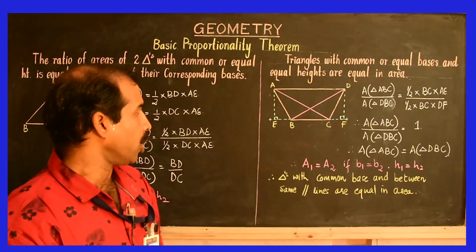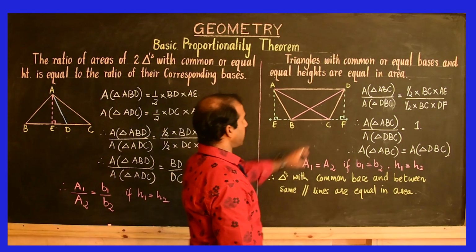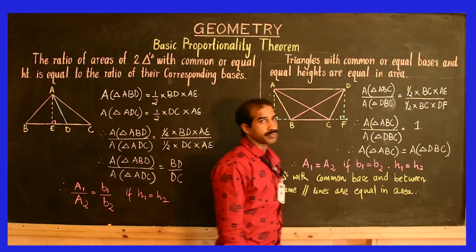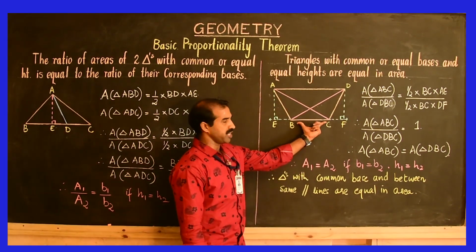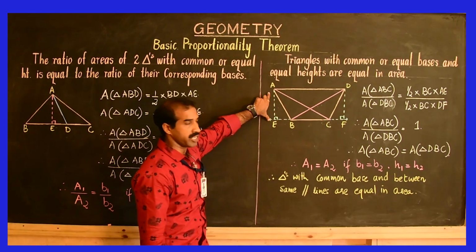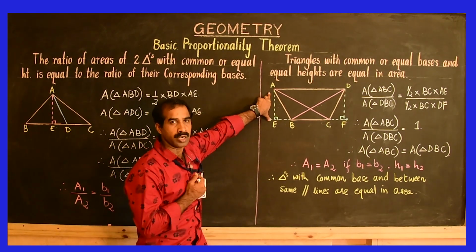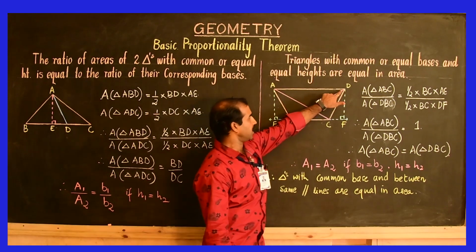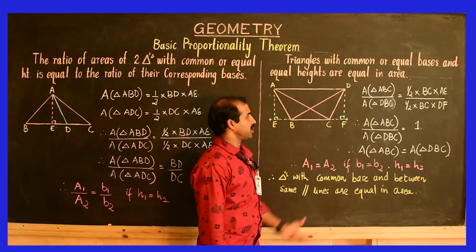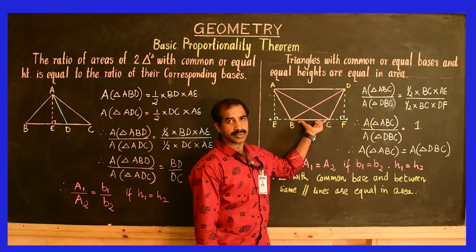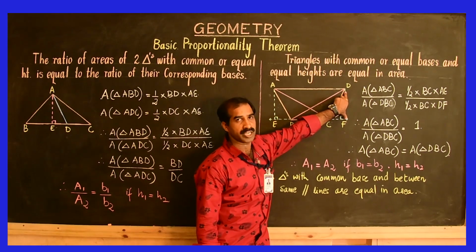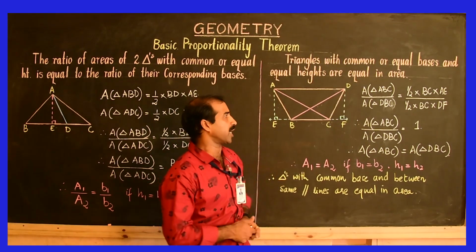So just look at the board. Area of triangle ABC equals half into BC into AE, that is half into base into height. Area of triangle DBC is half into BC into DF. DF is the height for the second triangle.